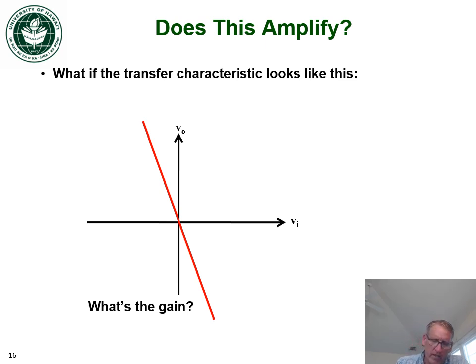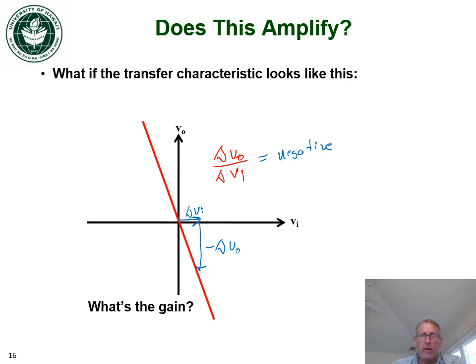Well, if we have a delta V in, we get a negative delta V out. So in this case, delta V out over delta V in is negative, but we still have gain. It's just that the gain is negative.